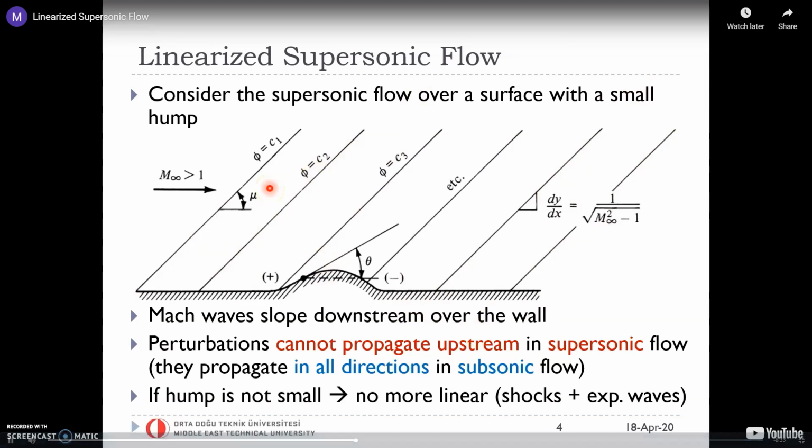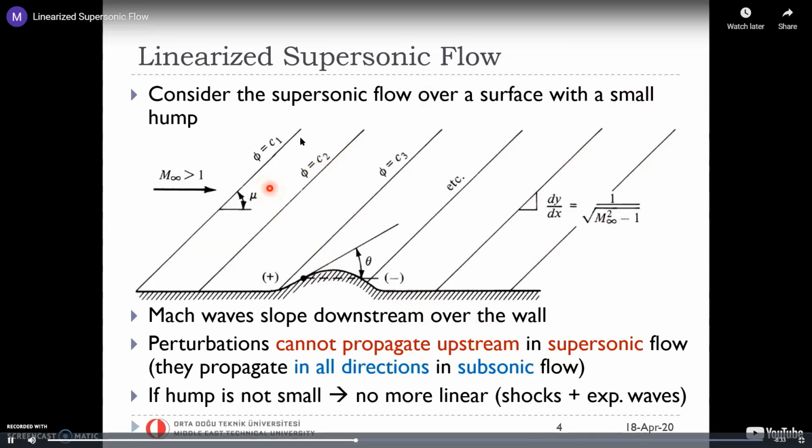Well, if that's the case, and I'm still talking about a surface without a hump, let's say we have a flat surface with some kind of roughness on it. If there is some kind of supersonic flow passing over it, any disturbance created by any minute, minimal roughness element will propagate along this Mach line.